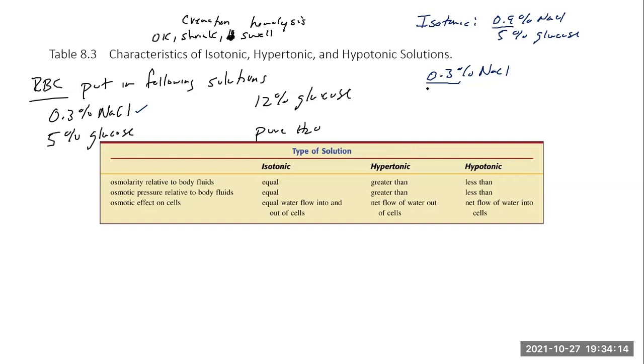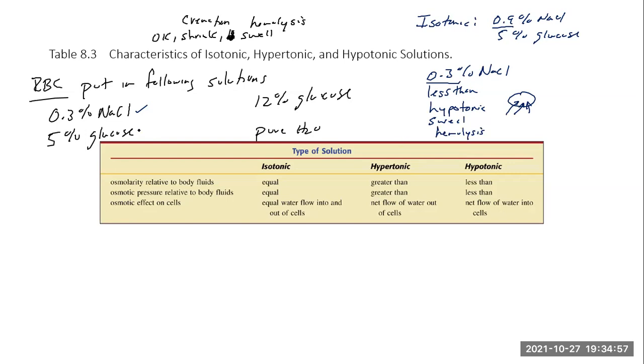So that means that it is going to be a hypotonic solution because it's less than our isotonic solution. That means that outside of the cell is less concentrated than inside the cell. And that is going to cause all of the water to run into the cell, and it's going to swell and obviously burst and go through hemolysis here. Any questions on that particular one?